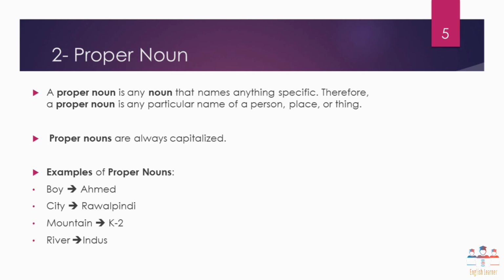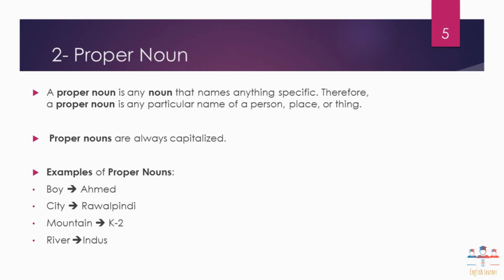The next example is city. Whenever I call the city by its name, Rawalpindi, then Rawalpindi will be a proper noun. A mountain, whenever it is specified by its name, like K2, will be called a proper noun.